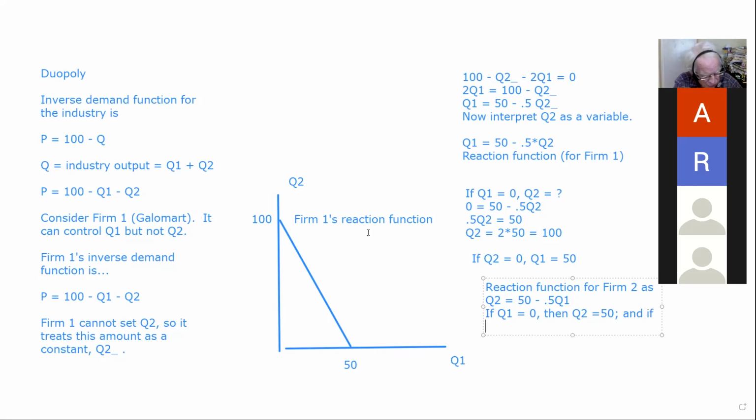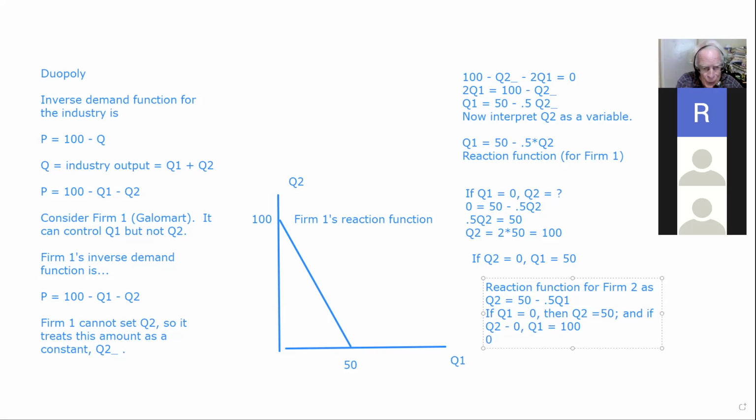and if Q2 equals 0, Q1 is equal to 100. If that's not clear, all that I've done is to take the reaction function Q2 equal to 50 minus 1/2 Q1, set it to 0, and then solve for Q1.